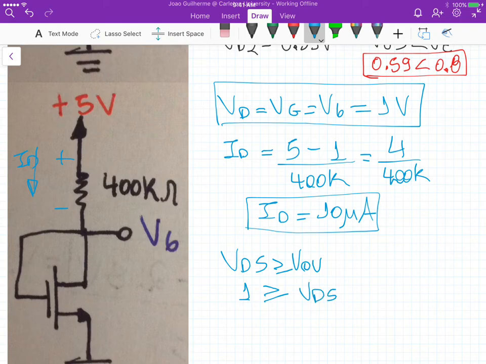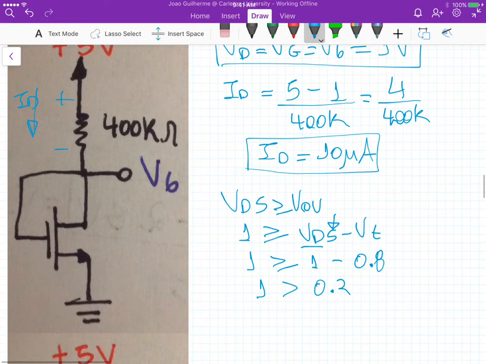No, we can calculate it. VDS is just 1 volt, so it should be greater than the overdrive voltage. The overdrive voltage is VGS minus VT. So this gives us 1 greater than, VDS is just VD, right? Because the potential at the source is 0. So VD is 1 minus the threshold voltage, which is 0.8, and this gives us 1 greater than 0.2. So it agrees with the assumption of saturation operation of the MOSFET.